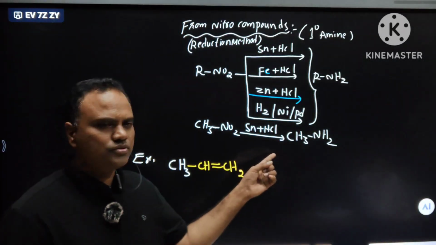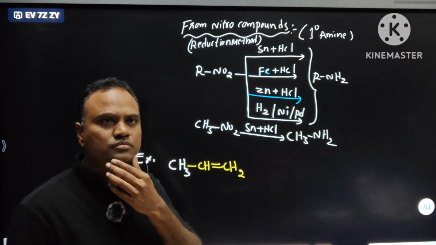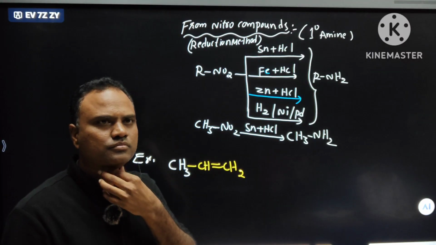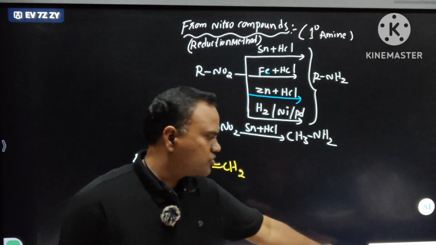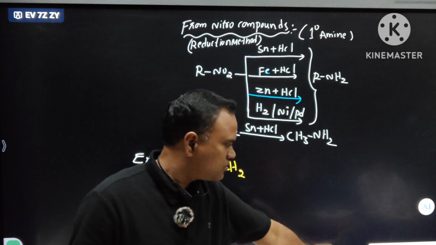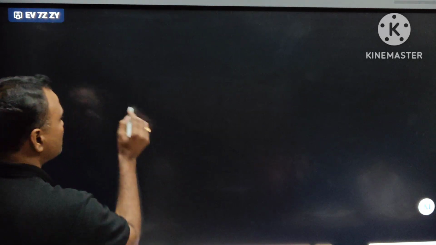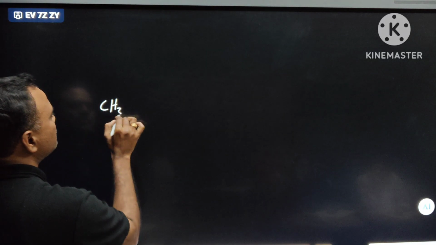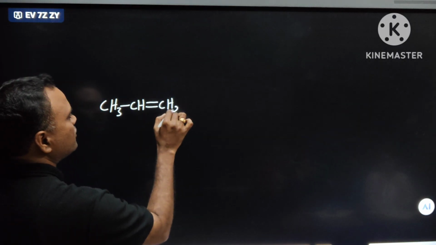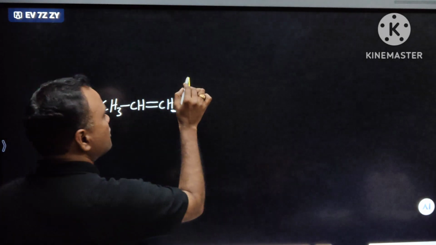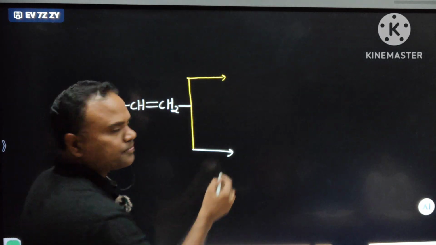Have you completed up to this? Online students, over? Up to this. Okay. I'll use a fresh page. What is Markovnikov's rule? Negative part adds to carbon with a lesser number of hydrogens.